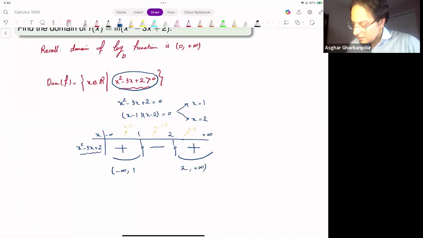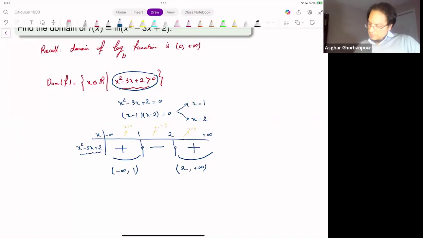One may ask, should we include 1 or 2? Actually, we should not include 1 and 2, simply because at those points x squared minus 3x plus 2 is equal to 0 and ln is not defined at 0.